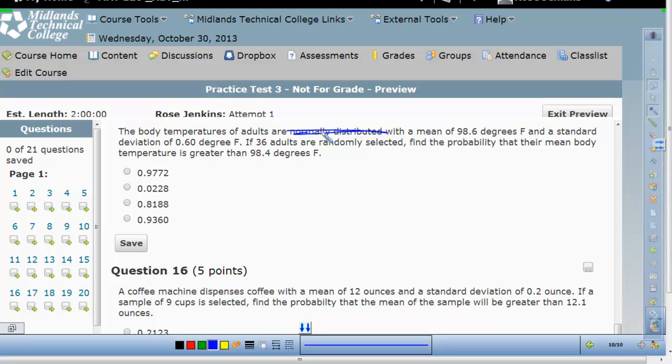Focus on what the problem is asking us to find. We want to find the probability that their mean body temperature is greater than 98.4. That's what we talked about with the central limit theorem.